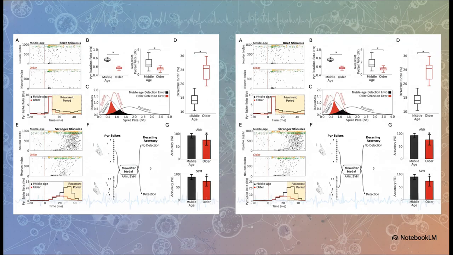The raster plots, which show individual neuron spikes over time, display visibly reduced activity in the older model. This observation is quantified in the box plots, which confirm that the aged microcircuits exhibited significantly lower spike rates. The baseline firing rate dropped from 0.76 Hz to 0.57 Hz, and recurrent activity after a stimulus was also attenuated.